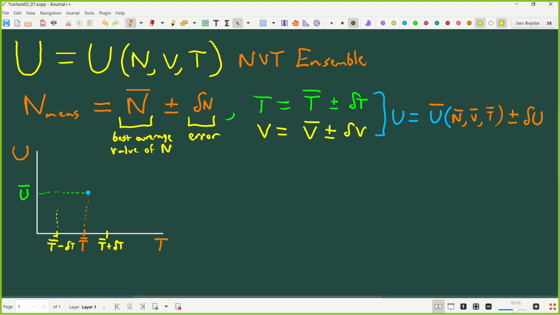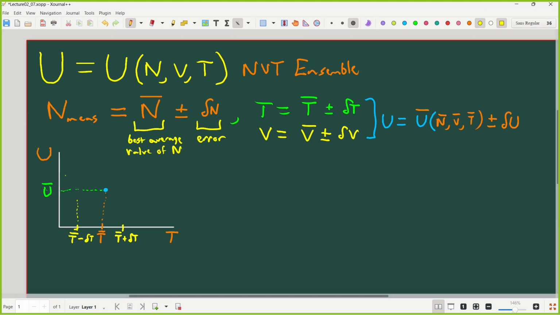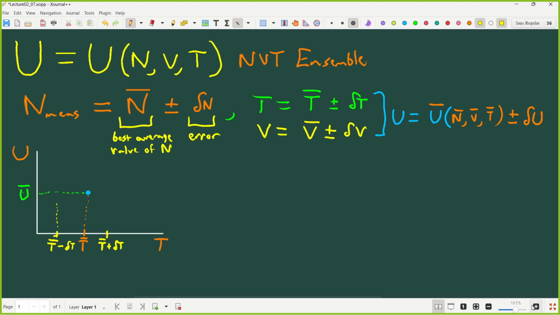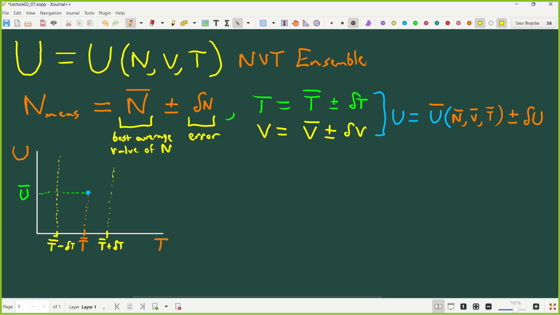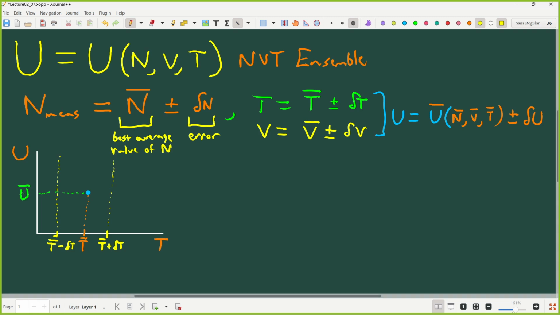And I'm just going to draw little vertical lines here. Sorry, my wrist is complaining, touching the screen. Right, so I know that T is going to fall within this yellow range.